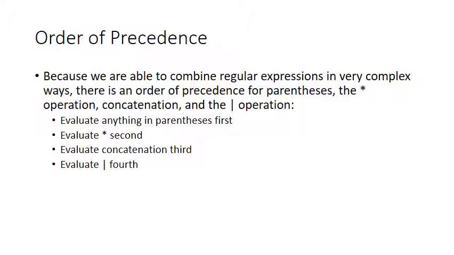And then the second thing that you'll evaluate is the star, the Kleene closure. The third thing is concatenation. If you have 2 things that are just written right next to each other, that means they're being concatenated. And then the fourth thing will be the or symbol. So this is our order of operations, and the way you can think of this is that the star is kind of like exponentiation. That's the thing that goes first in the arithmetic order of operations.